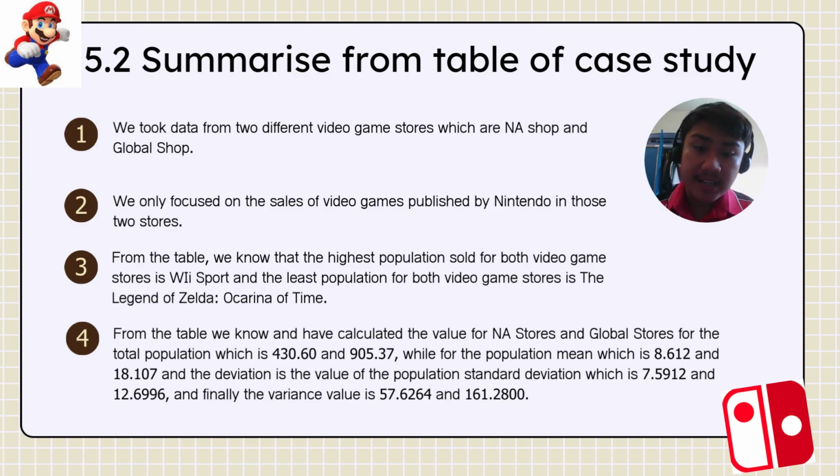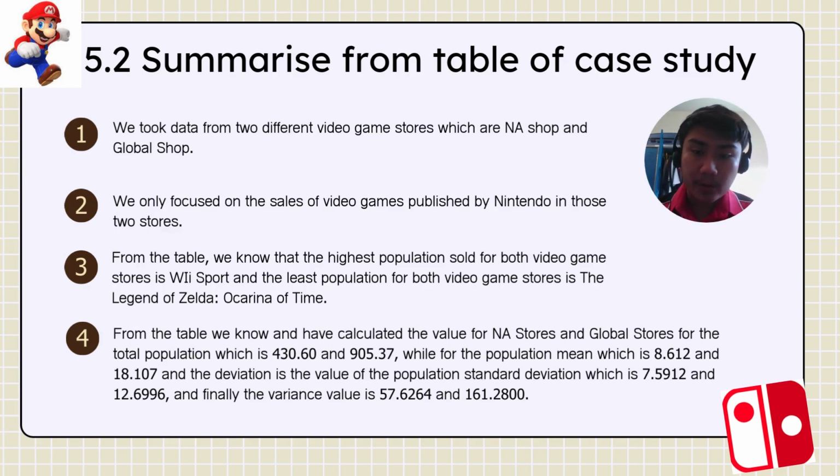The third one is from the table. We know that the highest population sold for both video game stores is Wii Sports, and the least for both video game stores is The Legend of Zelda: Ocarina of Time. Last, from the table, we have calculated the values for NA store and global store.